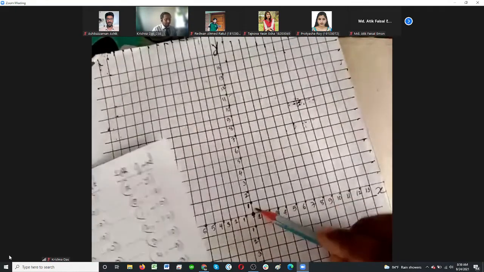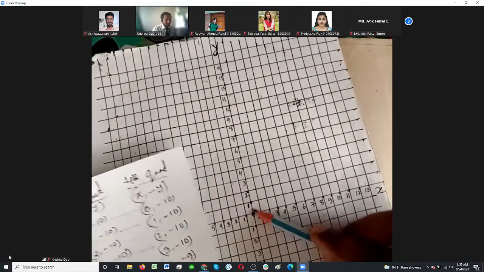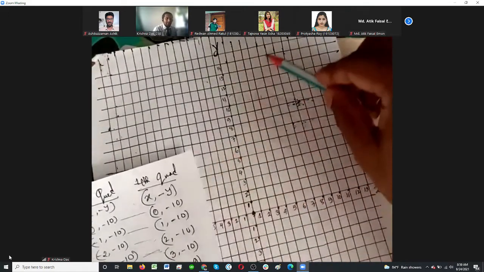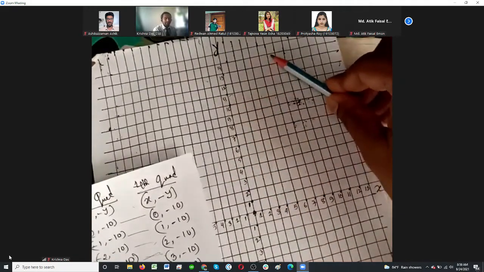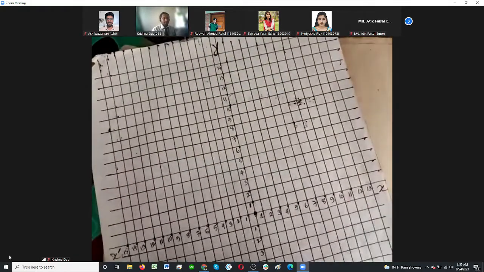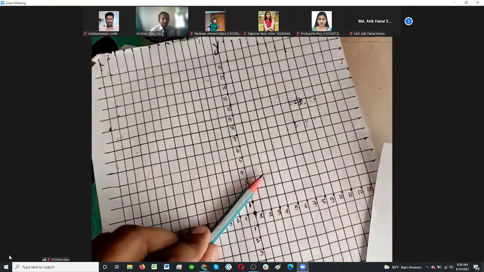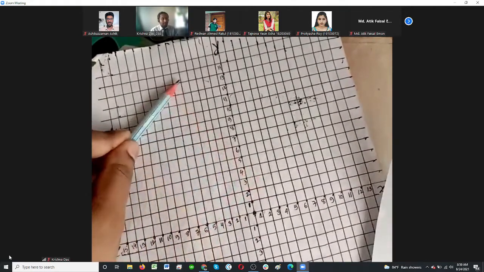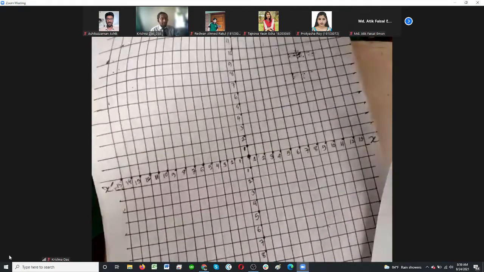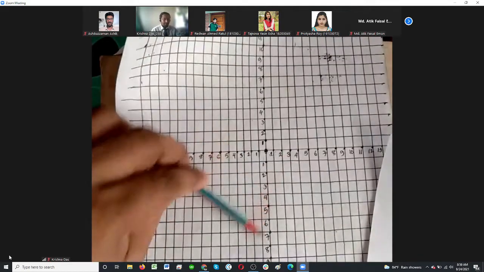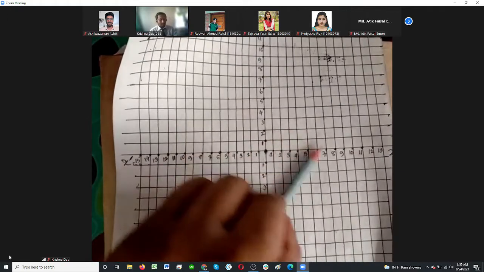So the first quadrant is this side, and 0, 10 is indicating this way. So the pixel you are going to count from this way. When it is the second quadrant, your direction changes. It will be this way. When it is the third one, it is going to be this way, and the fourth one is this way.